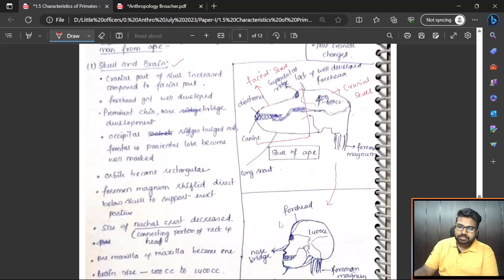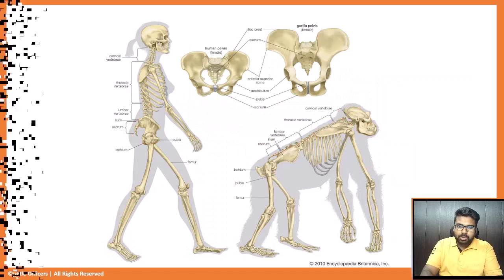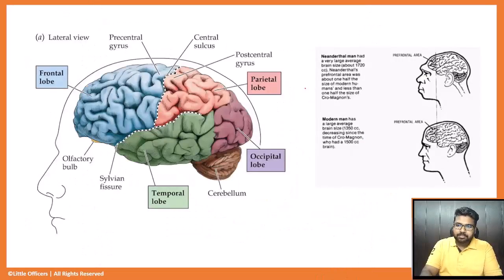First, in the apes or in case of chimpanzees, we don't find the forehead. Even if you compare the early human species, look at here, the Neanderthal man has lesser forehead. Forehead is not well developed.